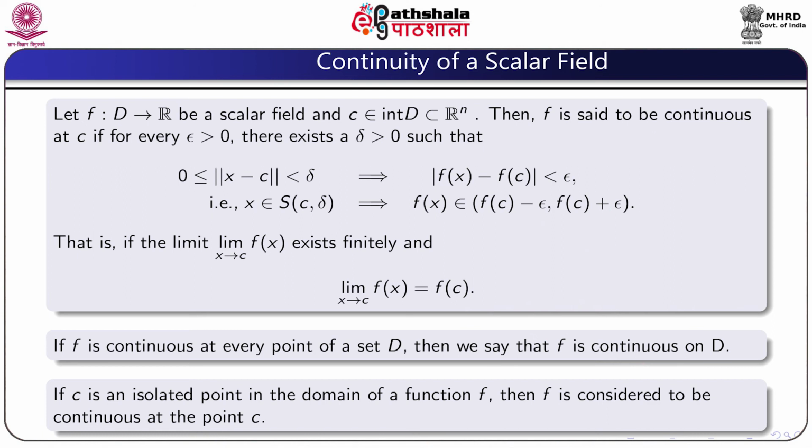If f is continuous at every point of a set D, we say that f is continuous on D. If c is an isolated point in the domain of the scalar field f, then f is considered to be continuous at that point c.